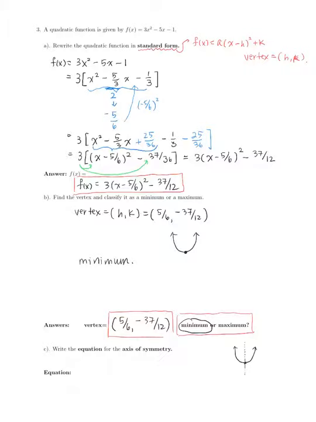So here, all you have to do is remember that the equation of a vertical line is expressed by x equals something. So x equals, what's the x coordinate of the vertex? 5 over 6. That's a 5, by the way, sorry. It looks so ugly. So here you're going to have x equals 5 over 6, and that's going to be the equation of the axis of symmetry.